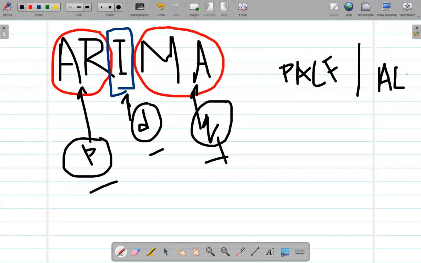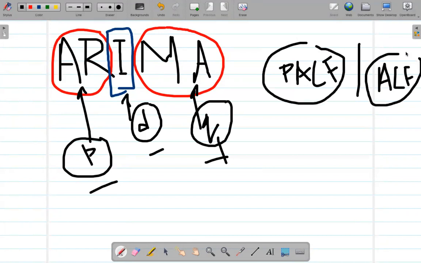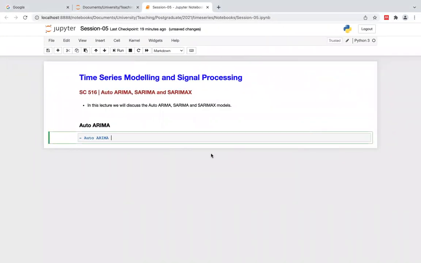What we did previously is we used the PACF and ACF graphs to identify P and Q, then we included these parameter values in the ARIMA model and implemented it.